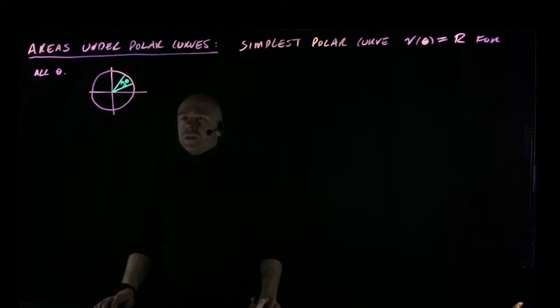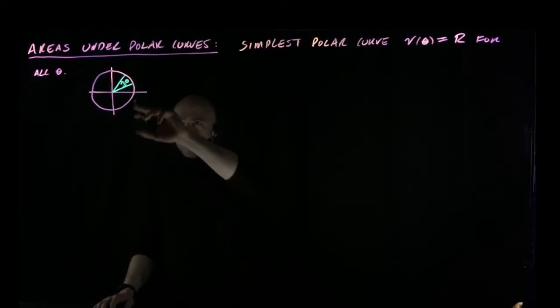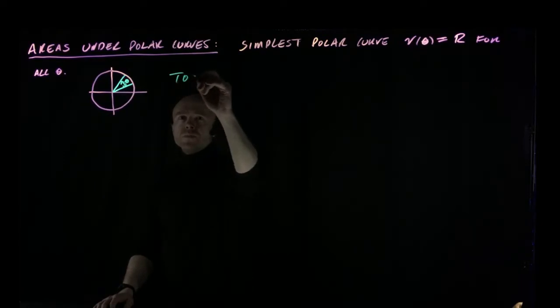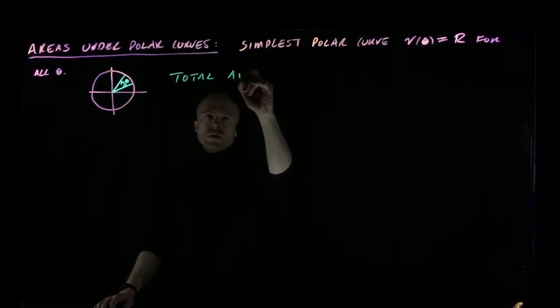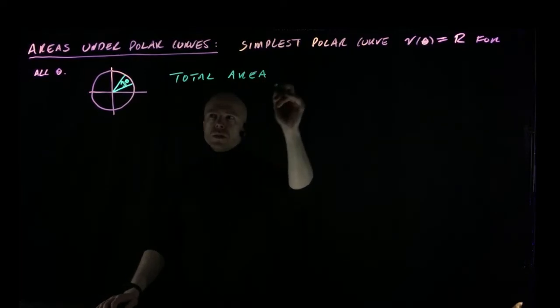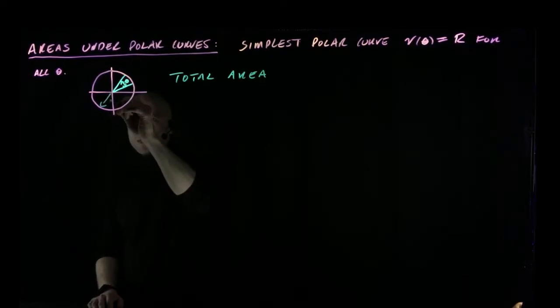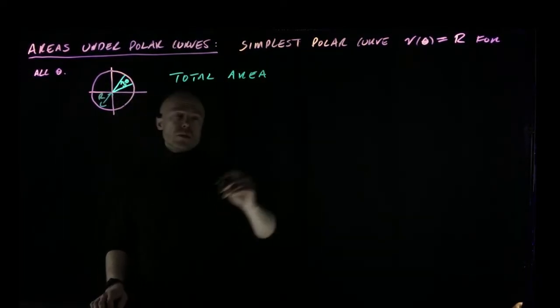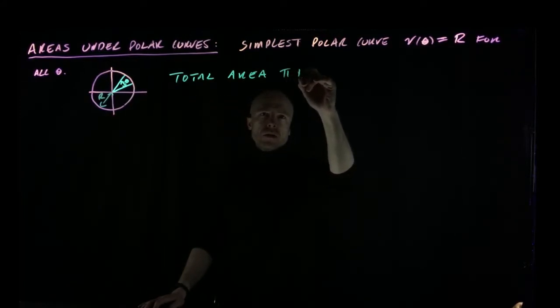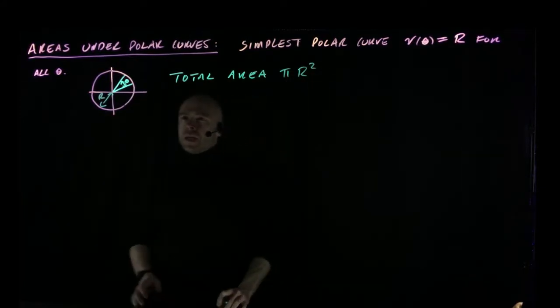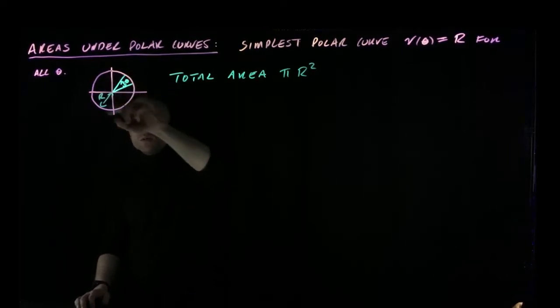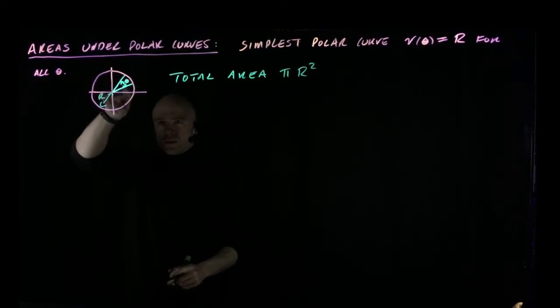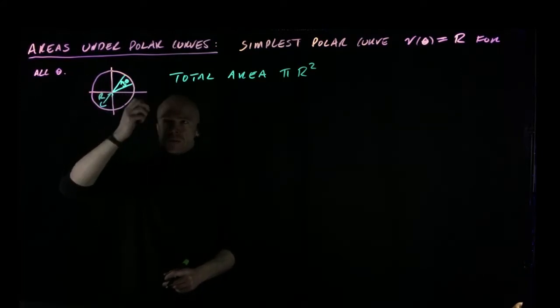Well, if we think about it, this thing has radius capital R. The total area is pi capital R squared, right? And we have 2 pi worth of radians around the circle. That's how many angles we have.